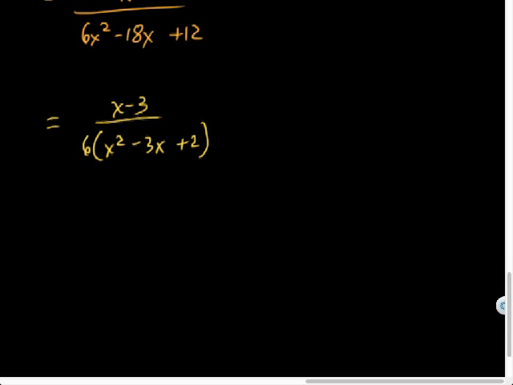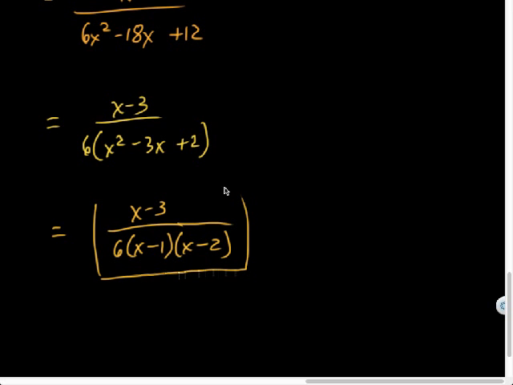Factors of 2 that add to 3, I think the only ones, yeah. X minus 3 over 6 times x with a 1 times x with a 2. Negative, negative. I agree, because they got to multiply to be positive. They add to be negative, so I think that works out. And nothing cancels, but I have simplified my problem.